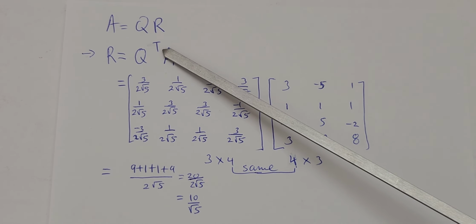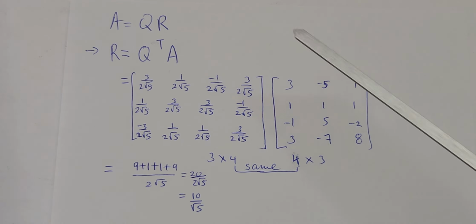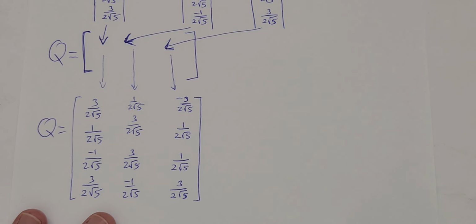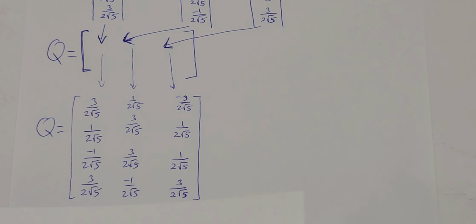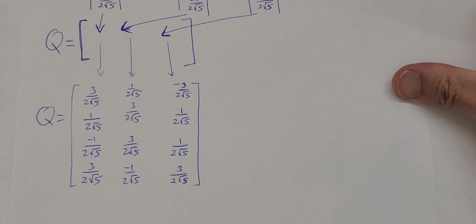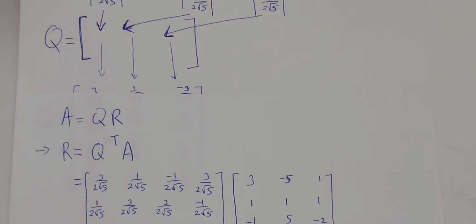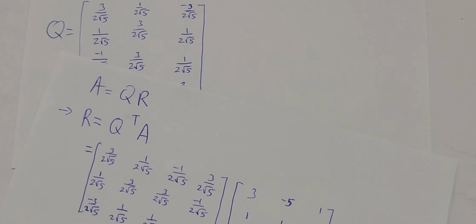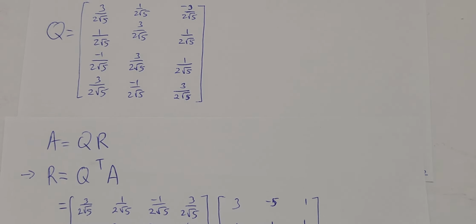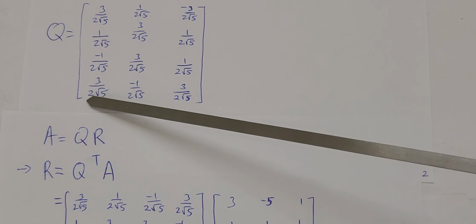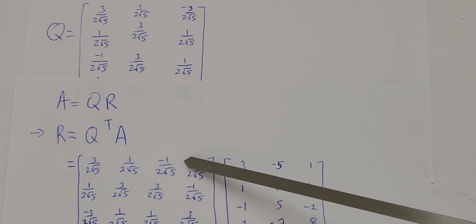Transpose means this. So here's our Q. All we're doing is taking the columns. When you transpose something, all you're doing is taking the column and rewriting it as a row.